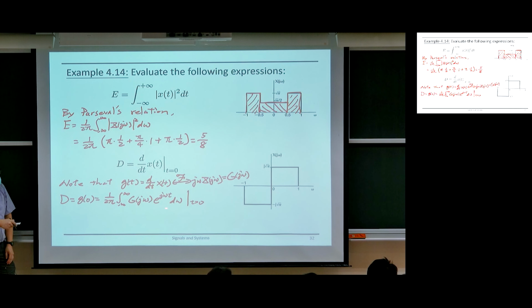So if I set t to 0, then what I have is just the integral of the spectrum scaled by 1 over 2 pi. Okay.